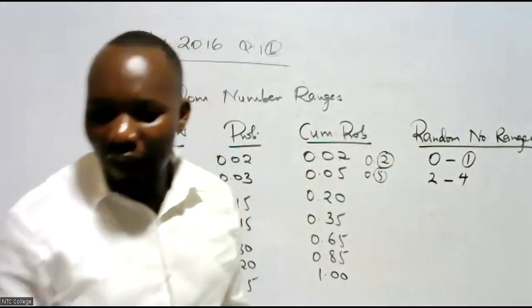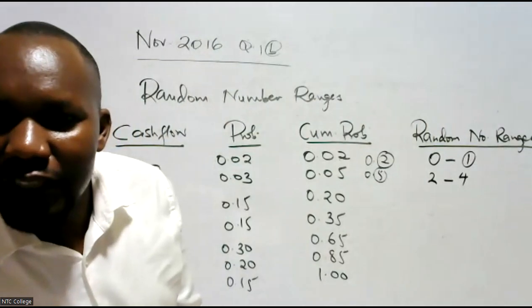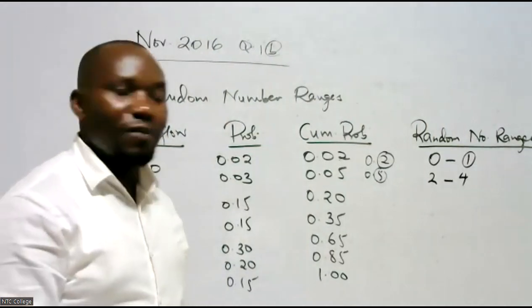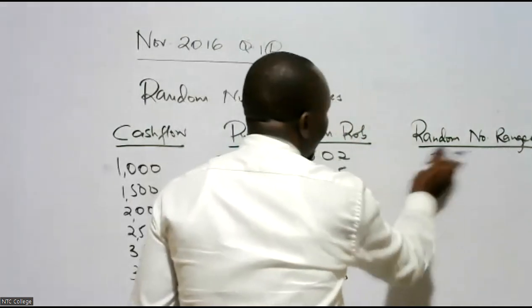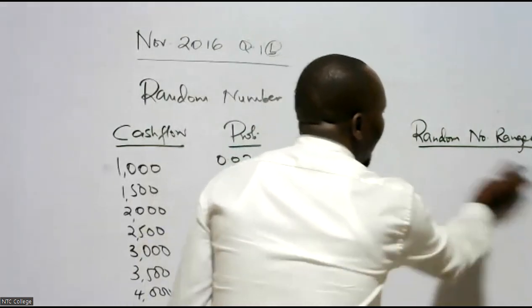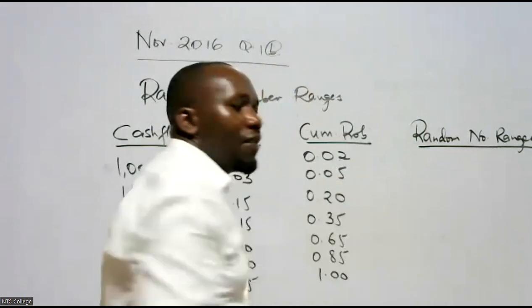Ruth, tell me. I'm not seeing Judith here today. Judith is not here. Okay, Ruth, tell me, what do we do? The first one, tell me the first range.